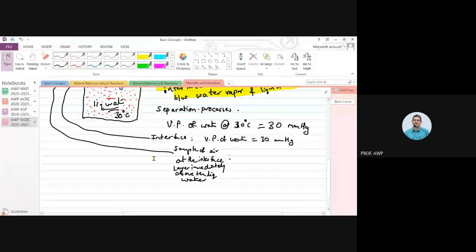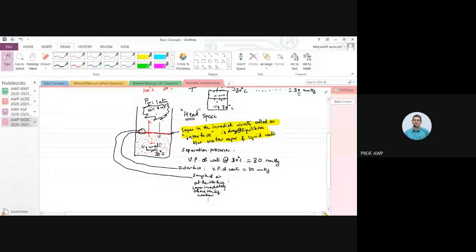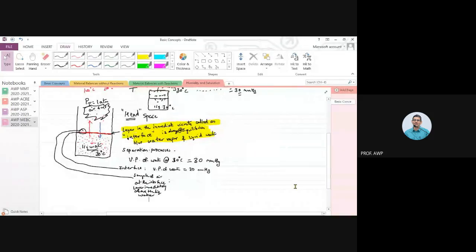So this layer maybe it is like 2-3 mean free paths, or 5 mean free paths, or 10 mean free paths. That kind of layer that I'm saying.